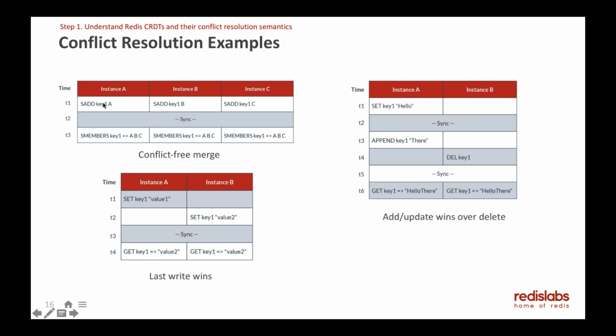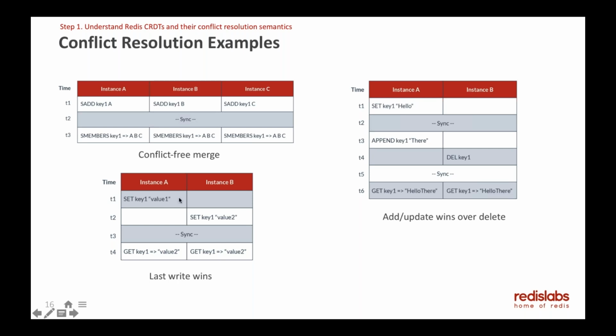It will add A from instance A, B from instance B, and C from instance C. So eventually, you have strong consistency here, and all the replicas will have A, B, C as the elements of key 1. I'll show an example in a while.